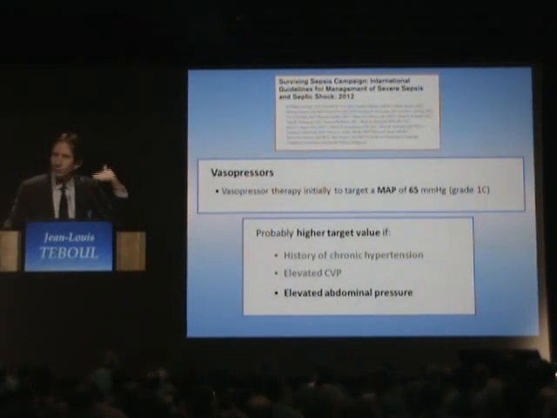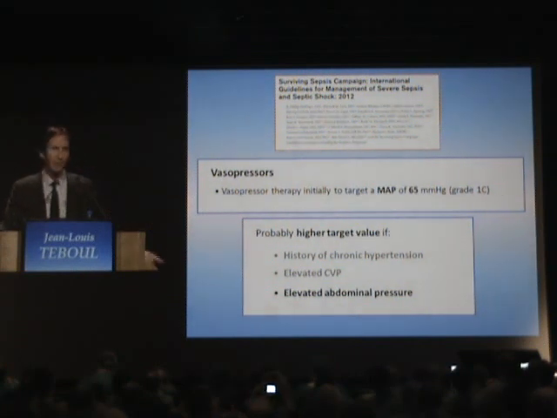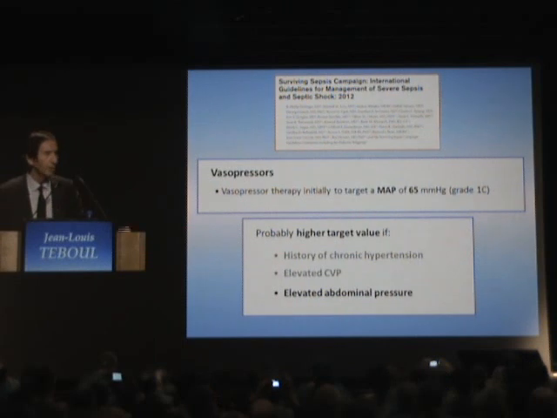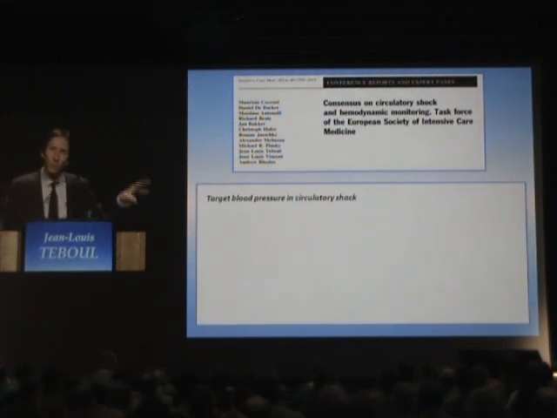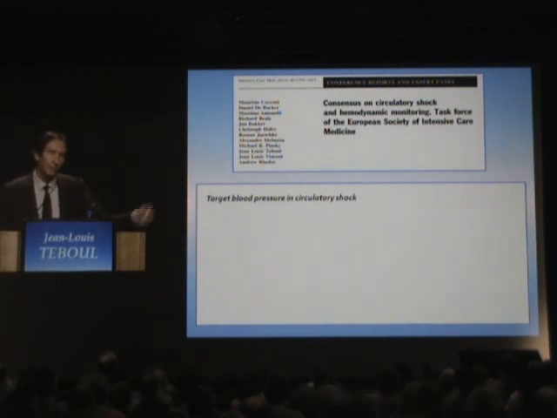And for the same or similar reasons, in case of increased abdominal pressure, you also have to think about elevating your MAP target. And this is what the recent consensus conference report is saying.